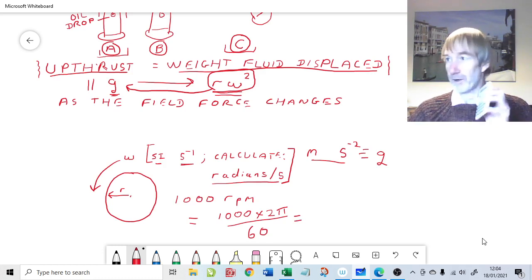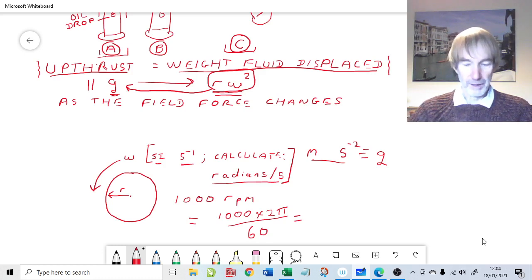So going back to my trusty old calculator, we have 2,000 times 3.14 divided by 60 equals, to three significant figures, 105. So that's 105 seconds to the -1.